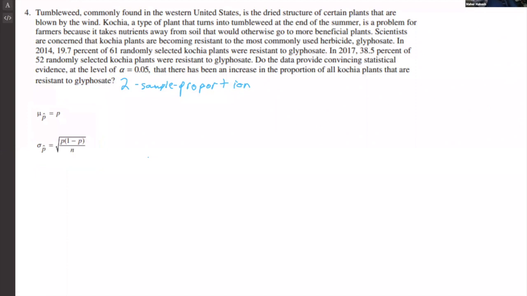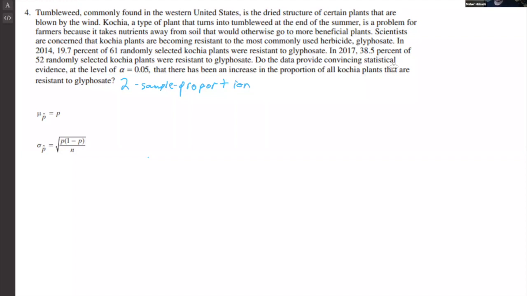So here's the standard deviation for proportion, and we're going to need that. So once we identified the test, 2 sample proportion, we can do a 2 proportion z-test, which means 2 sample z-test for proportions.